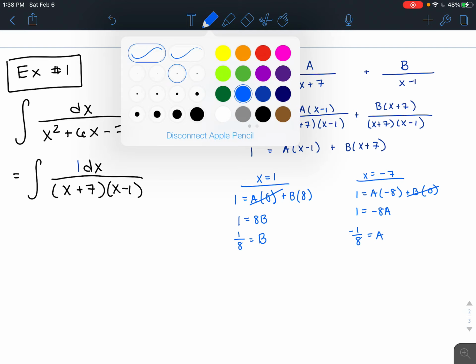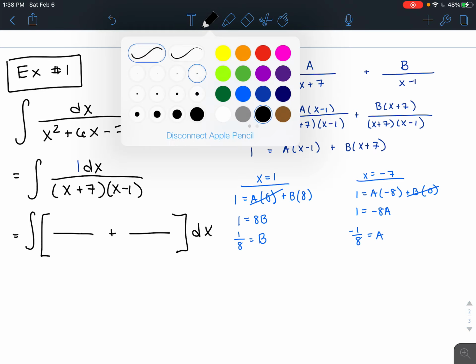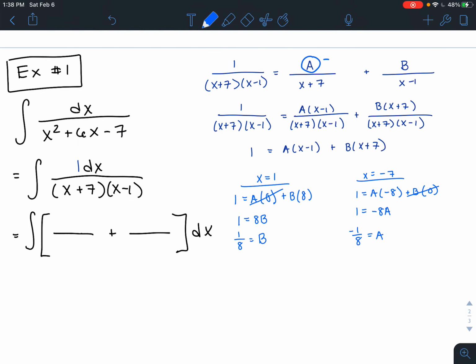So what I'm going to do with all of that algebra that we just did off to the side is go back over to this and break this apart. My first fraction, A, is equal to -1/8 and B is equal to +1/8. So I'm just going to write that expression into my integral.